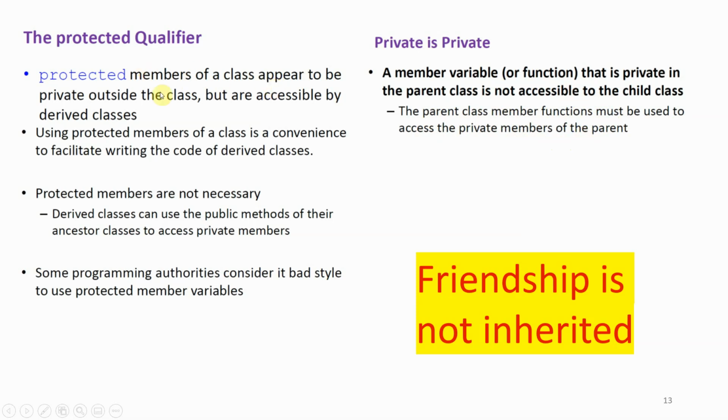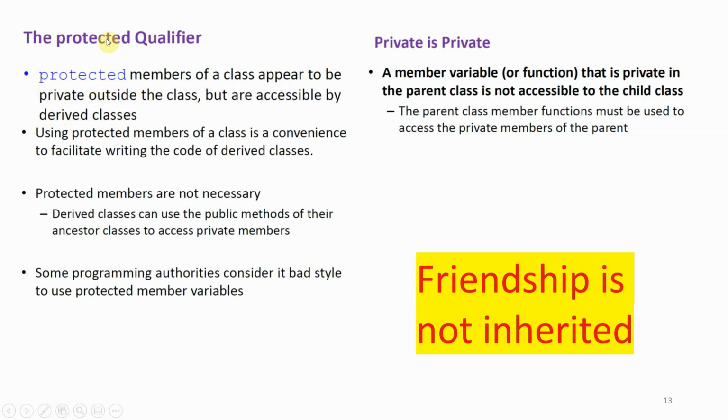Protected members of a class appear to be private outside the class, but are accessible by derived classes. So protected means it's the same as private, except it's available to the derived class object. That's the only difference between protected and private, right?